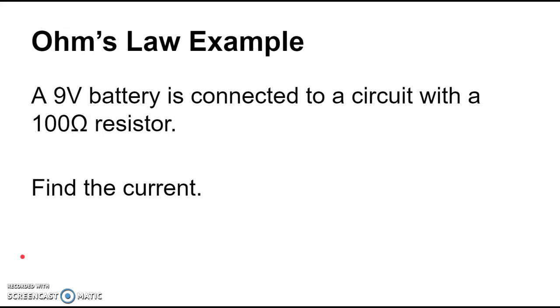All right, let's take a look at what you did. You should have started by saying this is an Ohm's law problem, so we're going to write down that equation, V equals IR. Next up, we're going to figure out what we're solving for.